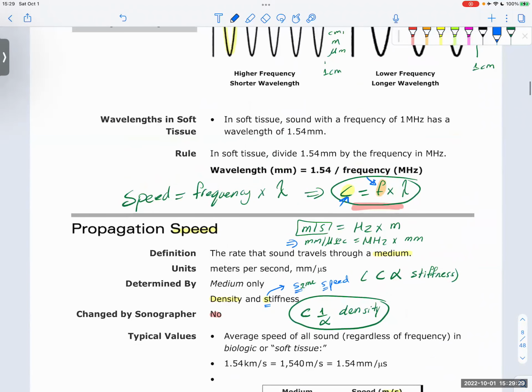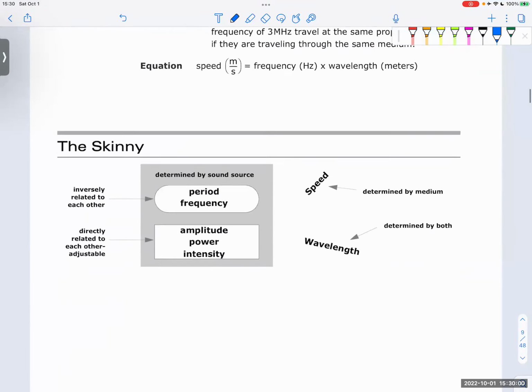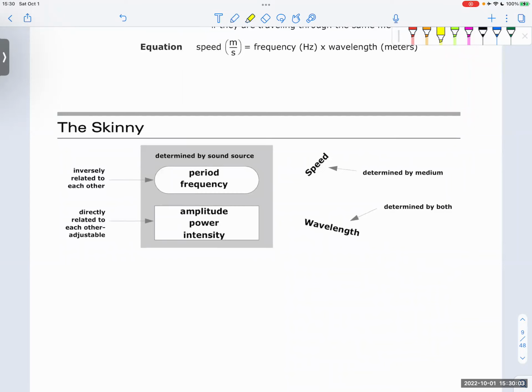By the way, for accuracy, I hear people sometimes say velocity. When we don't mention any direction, we don't say velocity. We're going to come later to Doppler shift and the Doppler equation. When we mention the direction and measure the angle, then we use velocity. Whereas when we don't describe the direction of the flow, or of the moving object or particles when they vibrate, we just say speed.